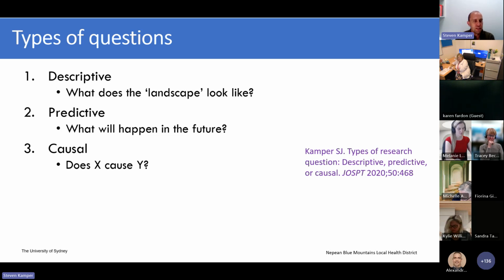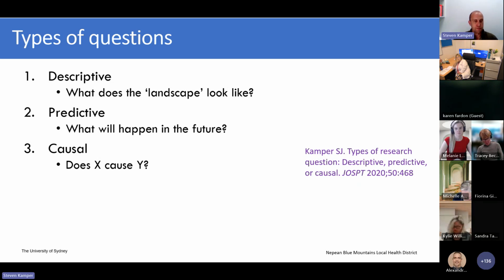One is, does a particular feature cause a condition in someone, or does it cause the likelihood of good or bad outcome in a patient group? The second type of causal question is, does a treatment cause an outcome compared to something else? Okay, so those are the types of causal questions.